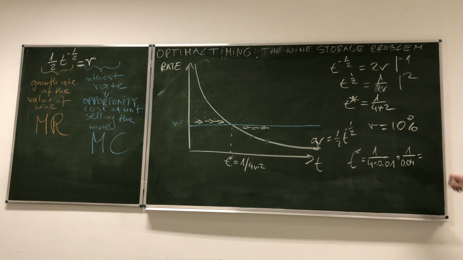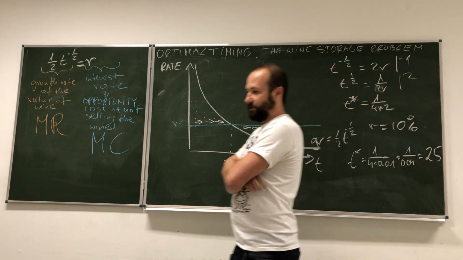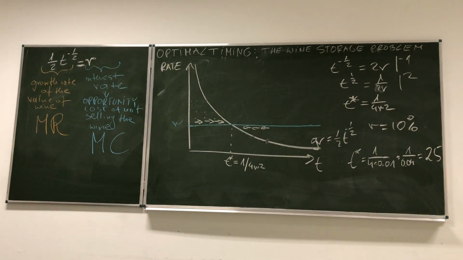So this is 25 years. You see, in this scenario, assuming that this is a yearly annual interest rate, we should sell the wine after 25 years.